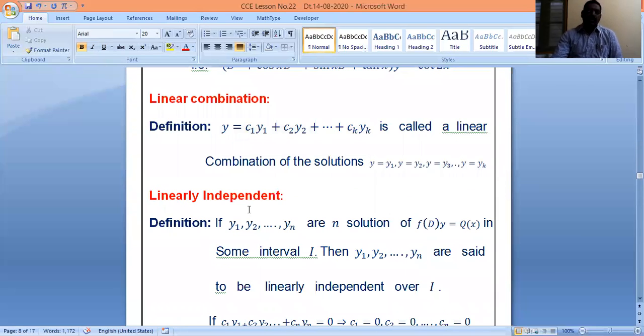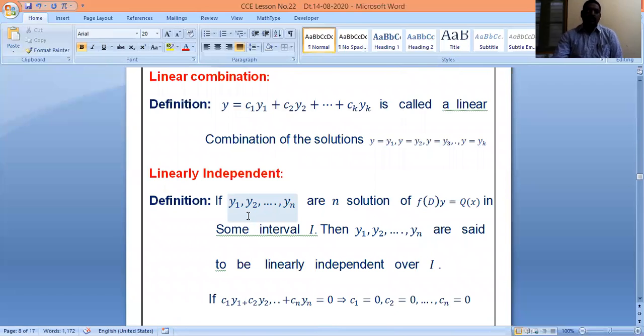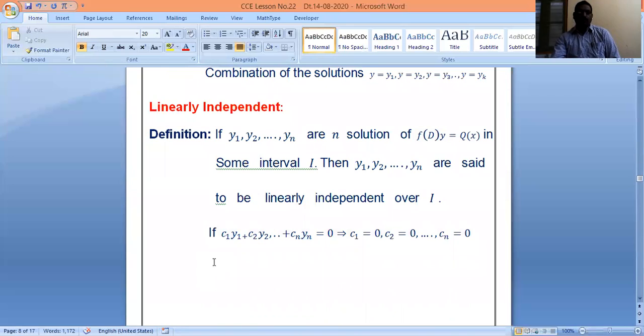Now, what is a linearly independent set of solutions? If y1, y2, yn are n solutions of f of D into y is equal to q of x in some interval I, then y1, y2, yn are said to be linearly independent over I if c1 y1 + c2 y2 up to so on cn yn is equal to 0 implies c1 is equal to 0, c2 is equal to 0, up to so on cn is equal to 0.